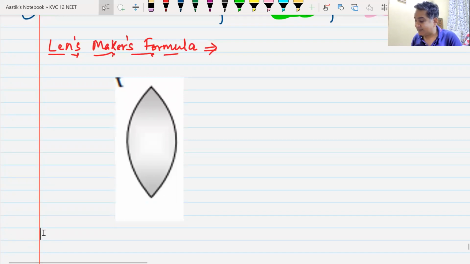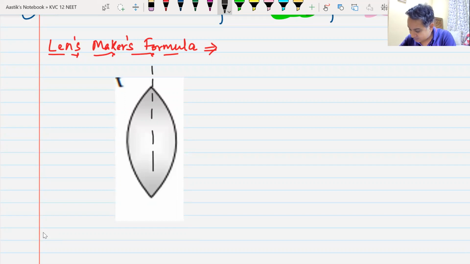So we have this lens, let us say. This is the optical axis, the principal axis. This is the optical center. Let me not call it O because O is the object. So let me call it C, the optical center.